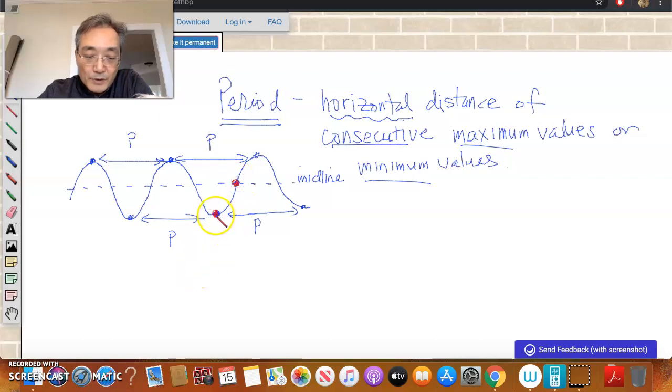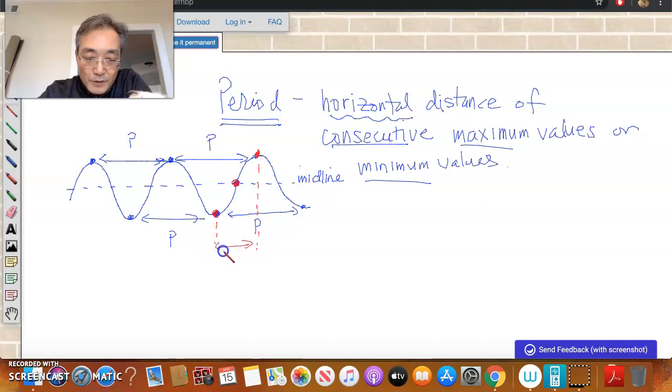Well, I want you to look at this. If it's one period from minimum to minimum, then do you agree that it's half a period from minimum to maximum? Okay, this here is then half a period. That's 1/2 here.